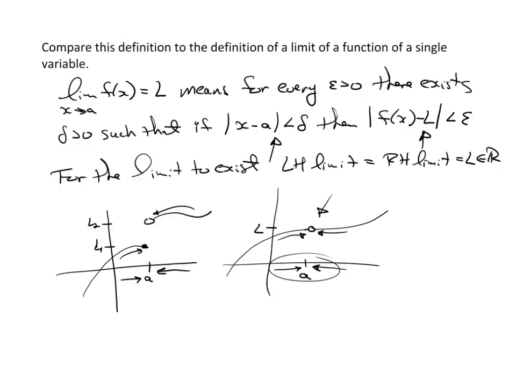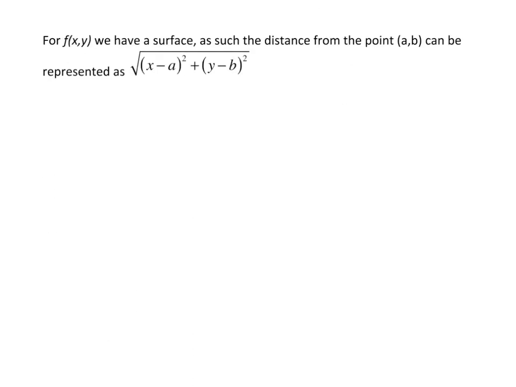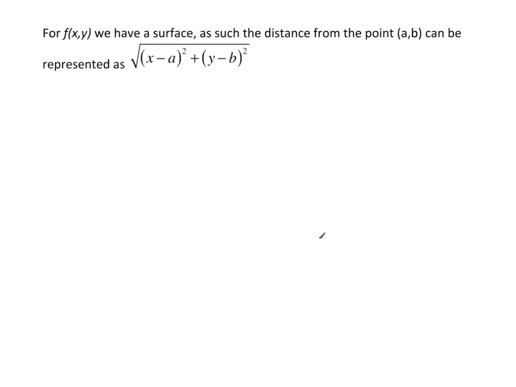Now, carrying this idea over to 3 space, for f of x y, we have a surface, not just a line. And as such, the distance from the point (a, b) can be represented as the square root of (x minus a) squared plus (y minus b) squared.